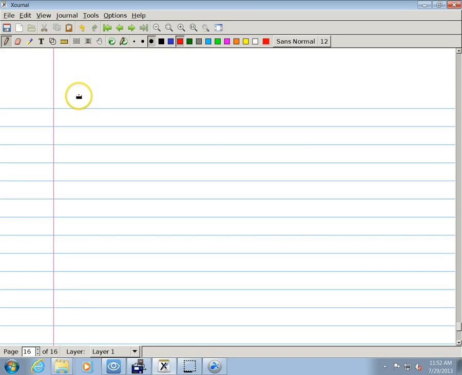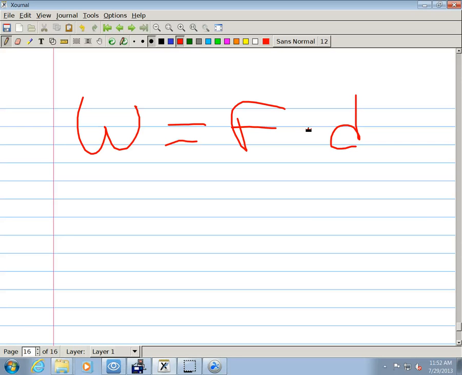So work is force times distance. That's it. That's all it is. Let's say this book weighs, I don't know, 2 kilograms.